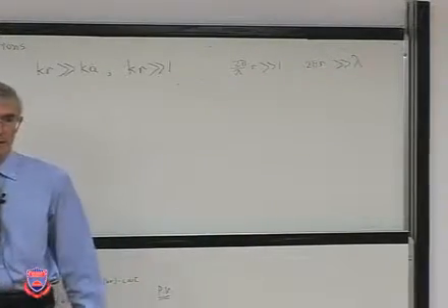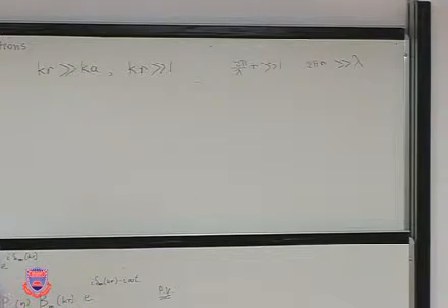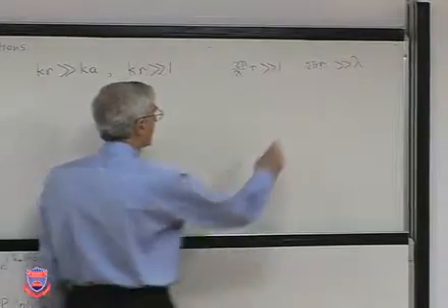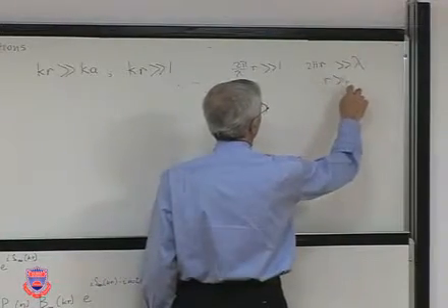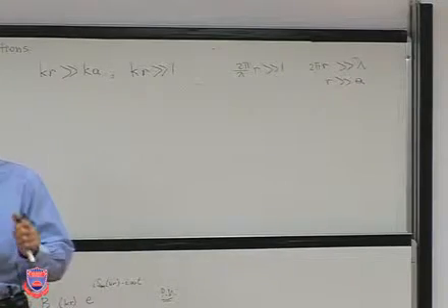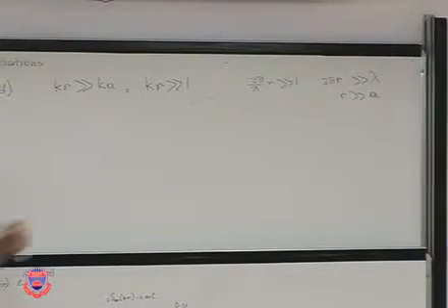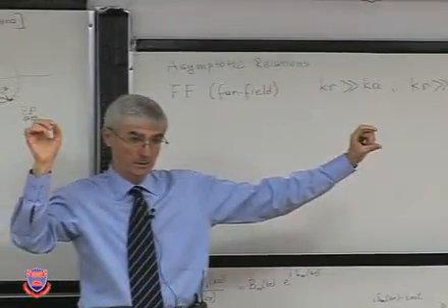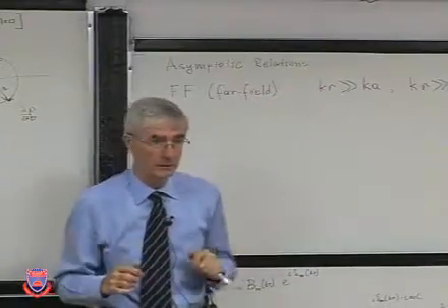For a given wavelength, you're far, far away. And this is essentially the same idea, but in this case, the distance where you're making measurements or you're interested in computing is much larger than the source diameter. That's why it's called far field.